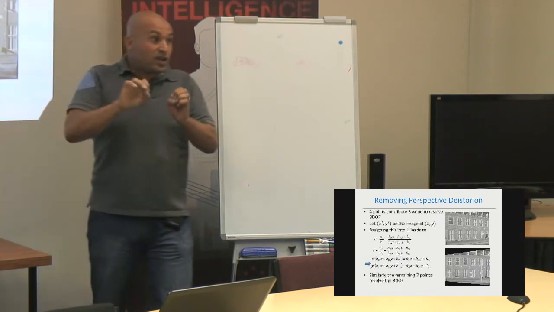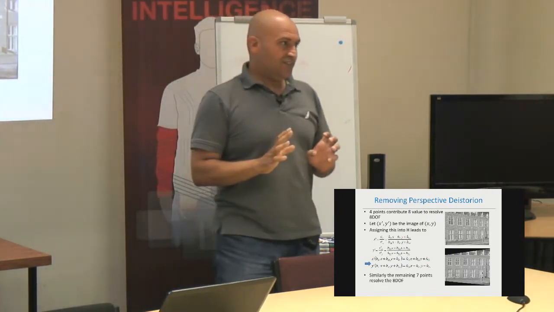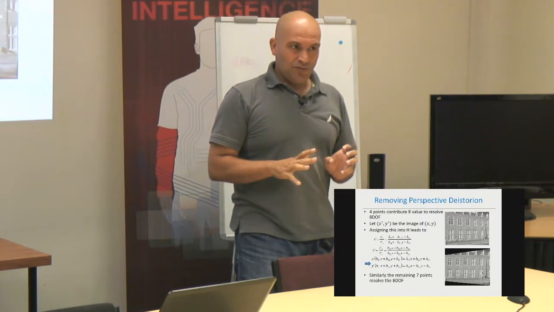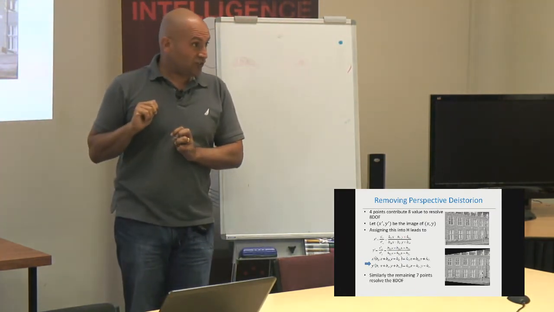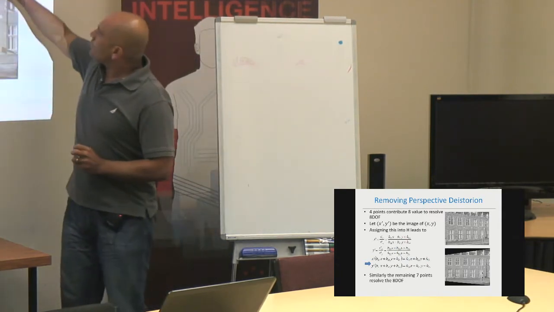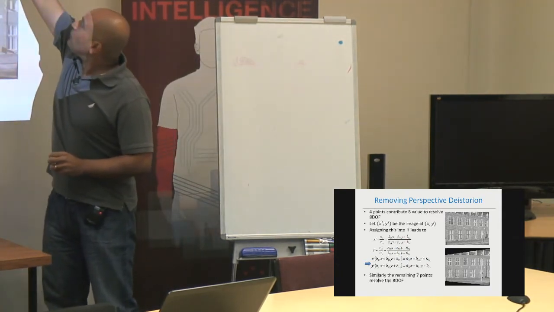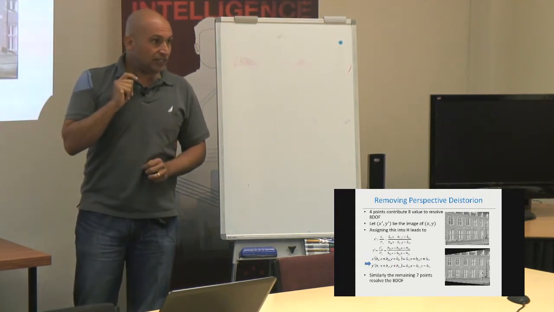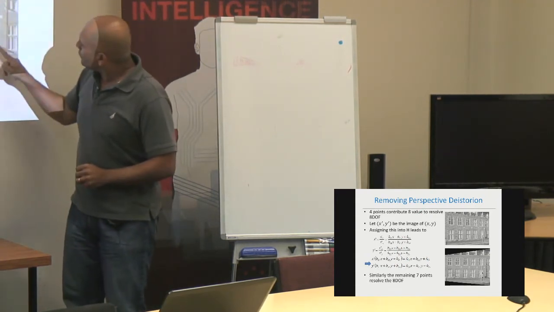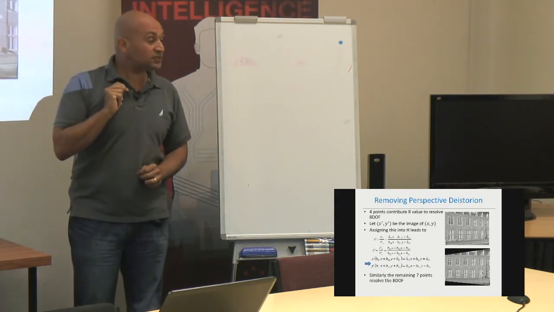Bear in mind, we are assuming this is a projective transformation, because this is perspective, it's definitely projective. Now, what we want to do: if someone gives us these 4 points in the source image and tells us these 4 points will be mapped to these 4 points.